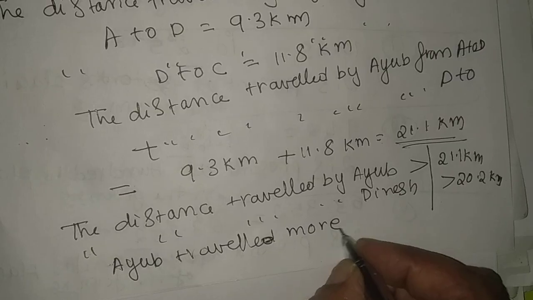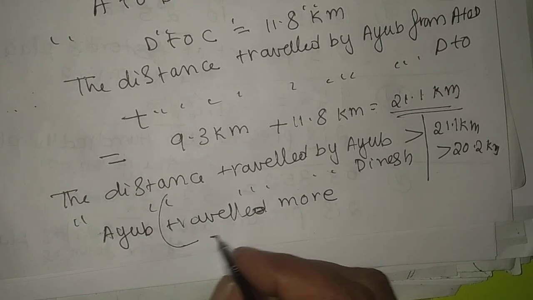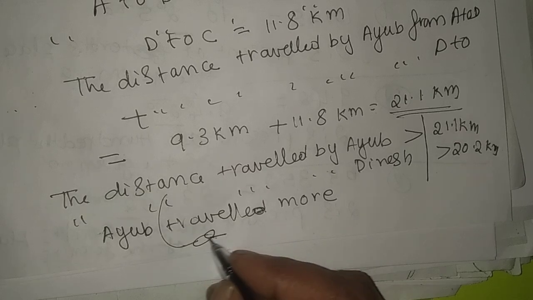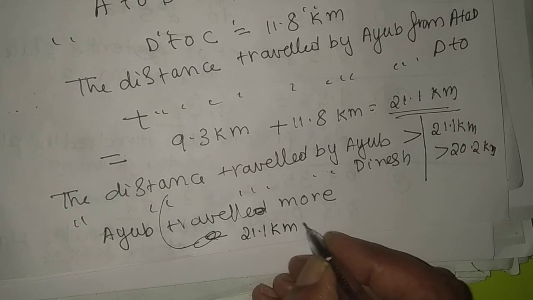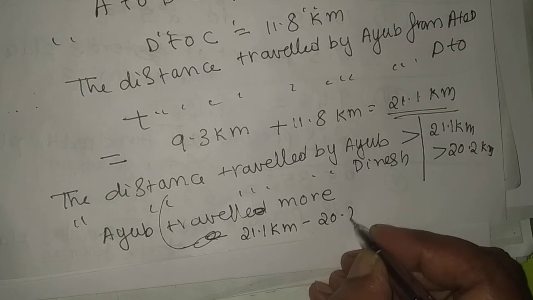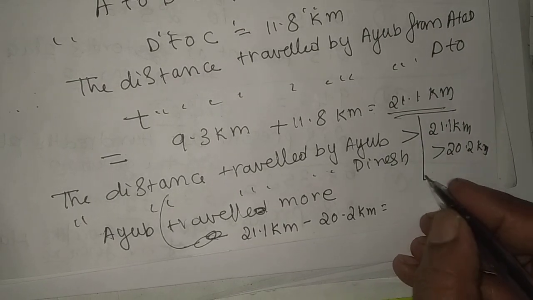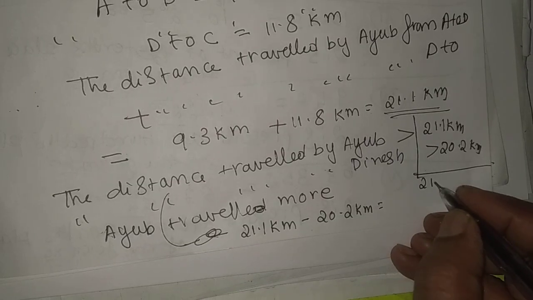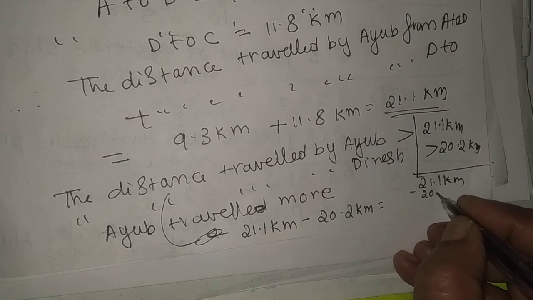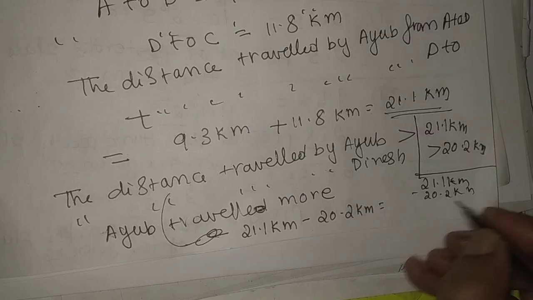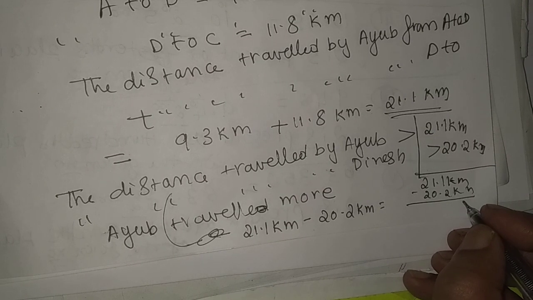One more question they have asked: how much more? How much more means subtract the distance traveled by Ayub minus the distance traveled by Dinesh. That is 21.1 kilometers minus 20.2 kilometers. So you'll get around 1 point something.